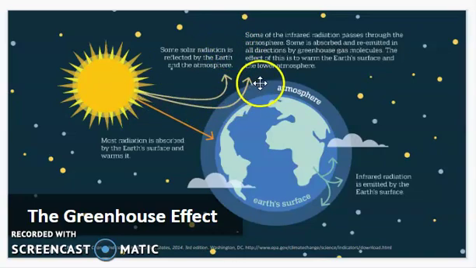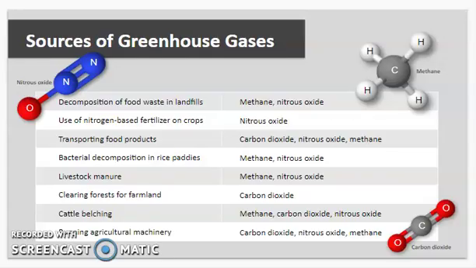And then some of the infrared radiation, this third little arrow, passes through the atmosphere. Some is absorbed and re-emitted in all directions by greenhouse gas molecules. The effect of this is to warm the Earth's surface and the lower atmosphere. Infrared radiation is emitted by the Earth's surface back out. So that's the greenhouse effect in a nutshell.